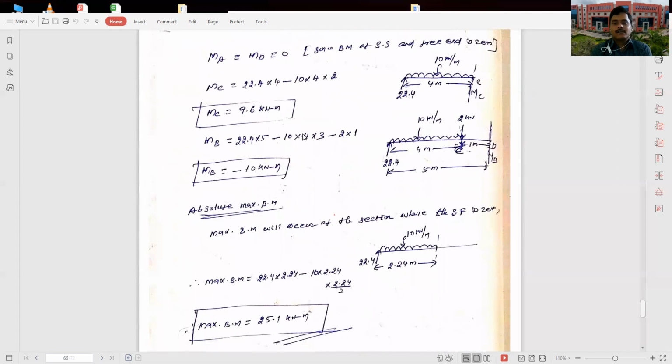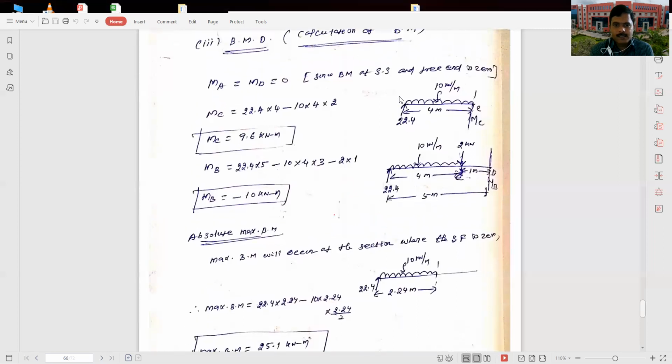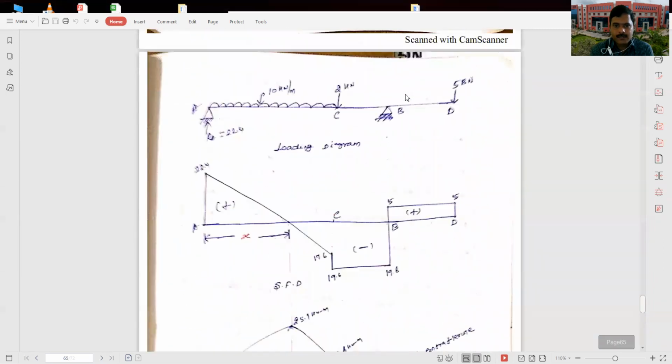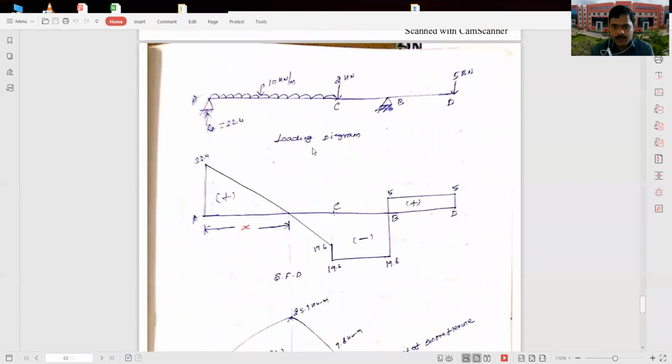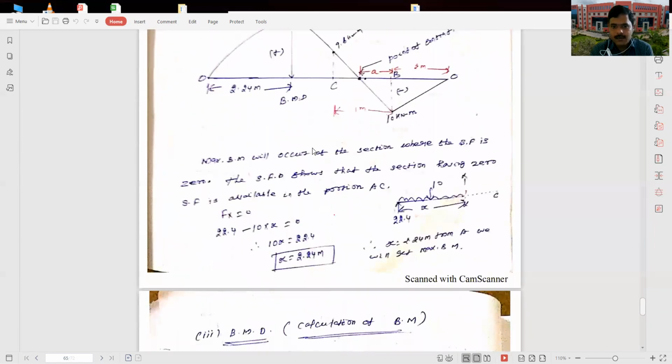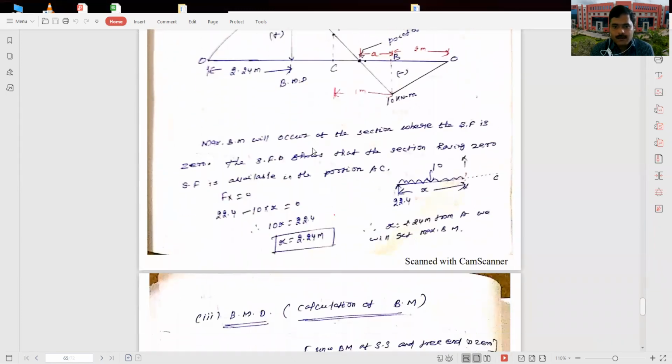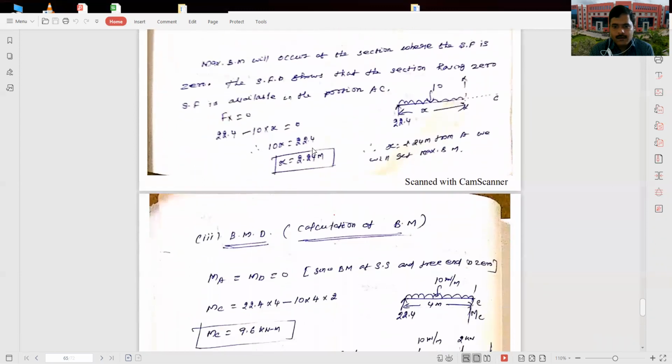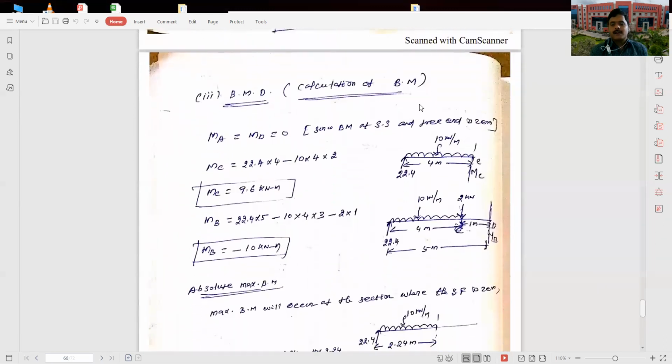Then you need to calculate the moment at C. At point C, you have to know the moment, so load into distance towards the point C you have to calculate. At point C, the x value is 4 meter, and the load acting upward at A is RA, 22.4. The UDL is acting at 10 kN per meter.